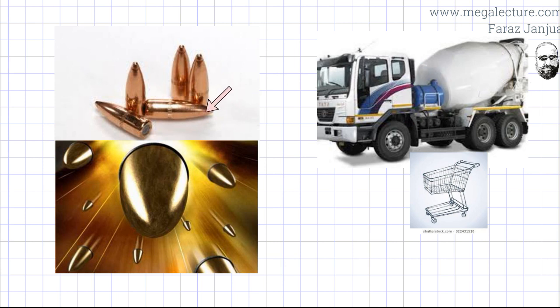And over here, I have two examples. This is a bullet, an ordinary bullet. If we toss it in the air, it is very easy to catch. But once we fire it with a gun, the only difference is that this one is far faster than this one. So speed, or the velocity, is making all the difference in this case.